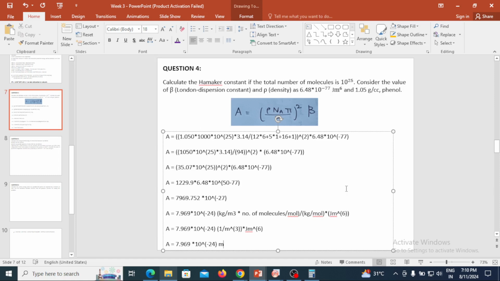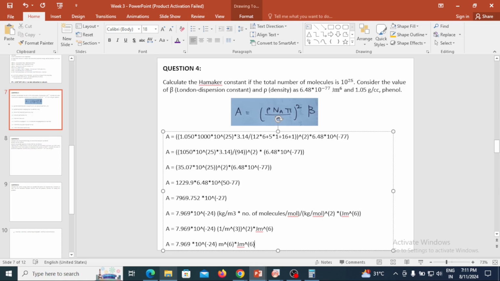So this will be whole square, right? So 1 by m cube whole square will be m power minus 6 times joule m power 6.